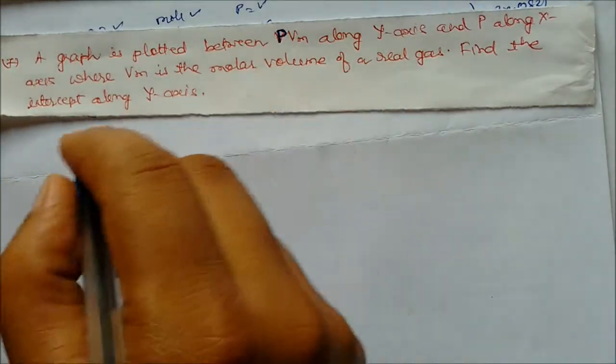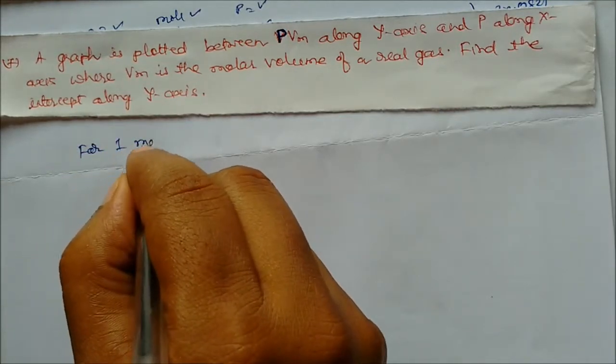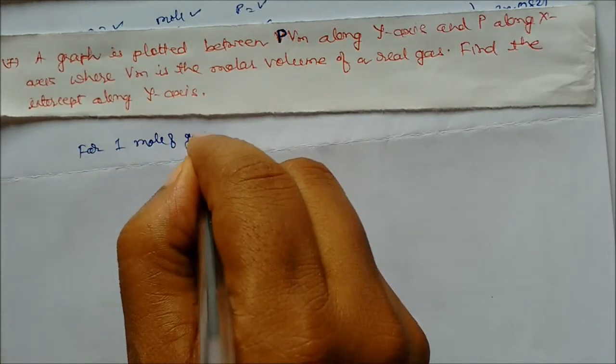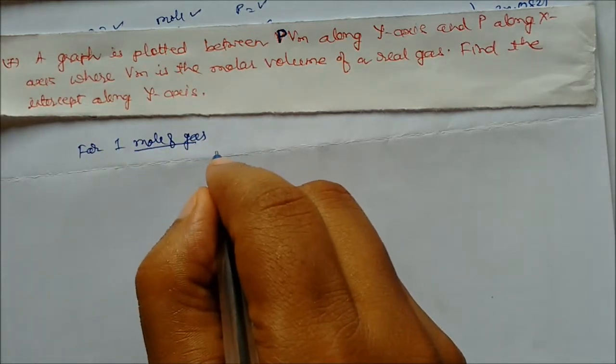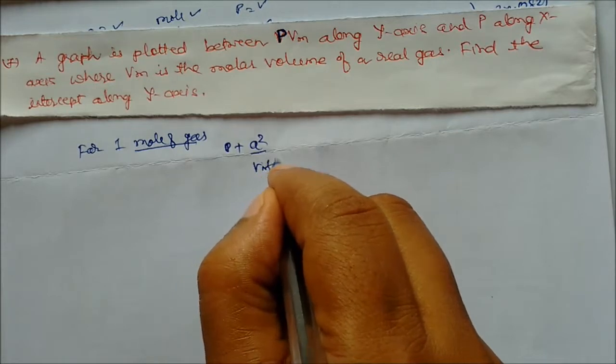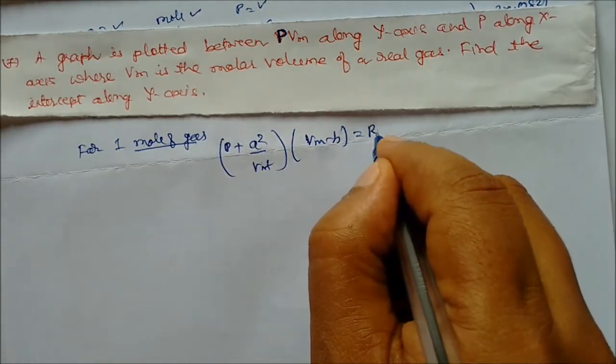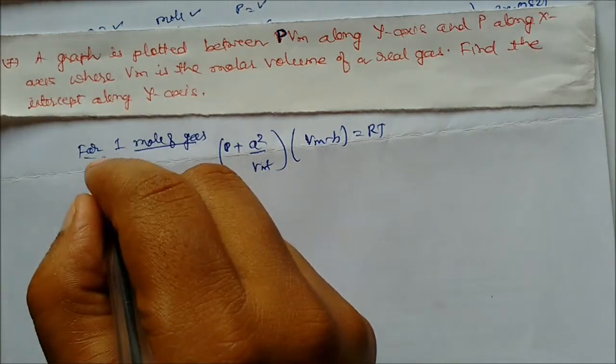Molar volume is for 1 mole of gas. We know that for 1 mole of gas, the van der Waals equation is (P plus a over Vm squared) into (Vm minus b) equals RT.